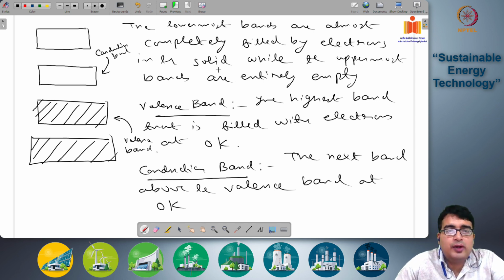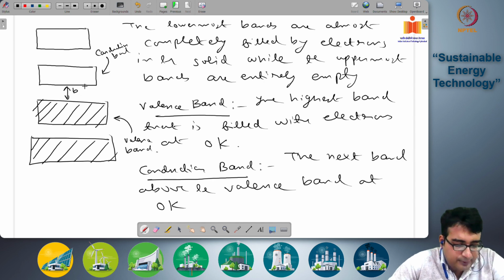And we also have this energy spacing between the conduction band and the valence band, which is called the band gap.